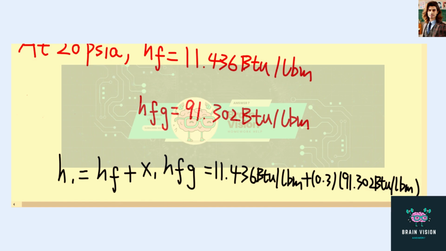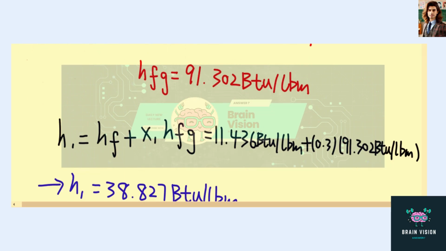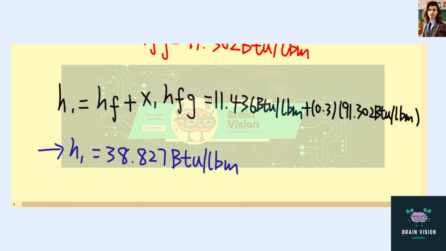Now we can use the equation to determine the initial enthalpy of the refrigerant 134A at the inlet, which is equal to hf plus x1 times hfg. x1 here is the quality at the inlet, which is 30%, or 0.3. So we have h1 equal to 38.827 British thermal units per pound mass.